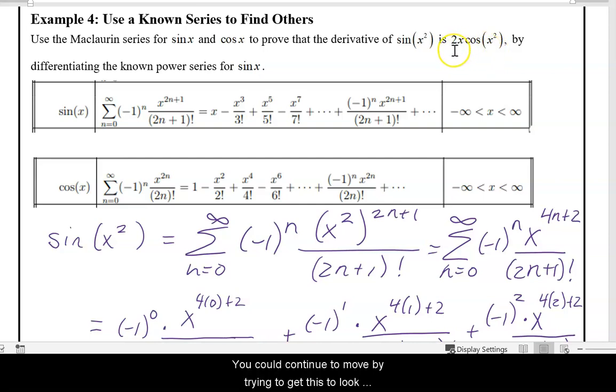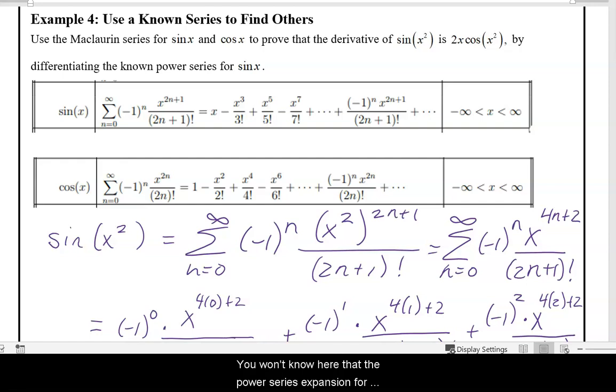You could continue to move by trying to get this to look like this power series expansion by finding a formula and manipulating it term by term. We'll take that approach first, but then I'll walk you through a different way of doing it that might be more simple for you when you're doing this at home by yourself.